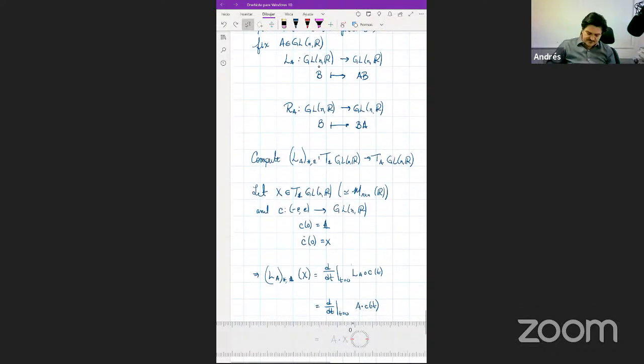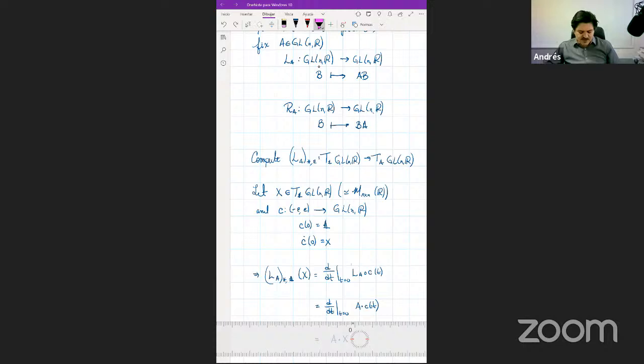So this is matrix multiplication. So I'm taking the derivative of a product of two matrices. The first one is independent of t, and the second one depends on t. And I have to evaluate at t equals 0.